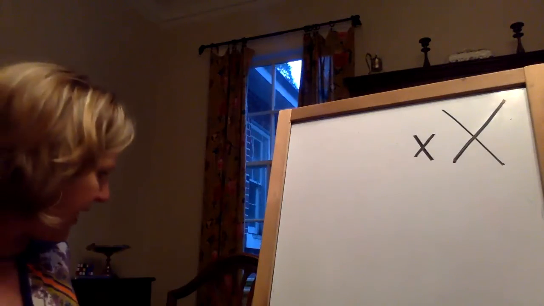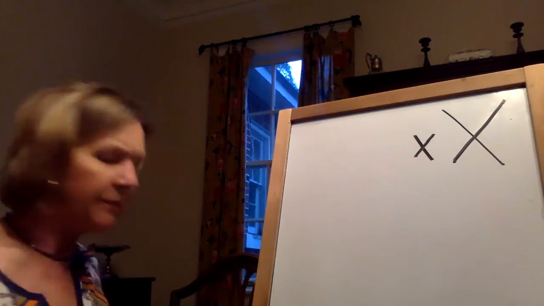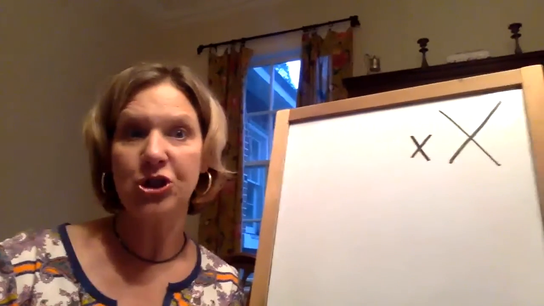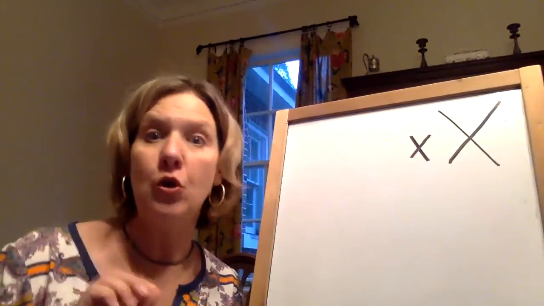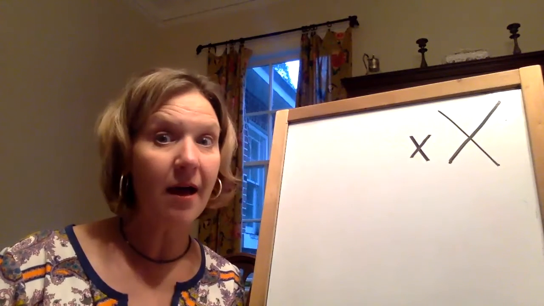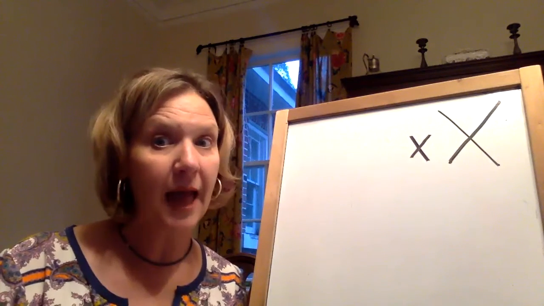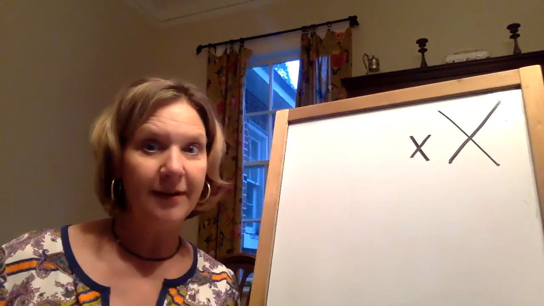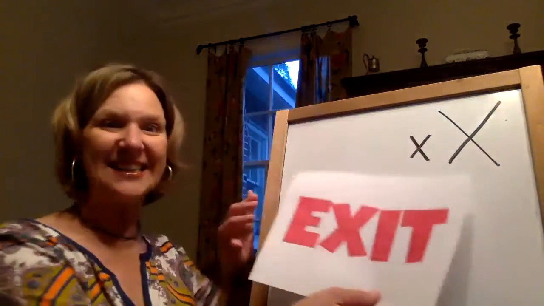Now, this is something you see above a door, and it tells you that you can walk out that door. It's a sign. It has red letters, and it means to leave. Yes, exit.